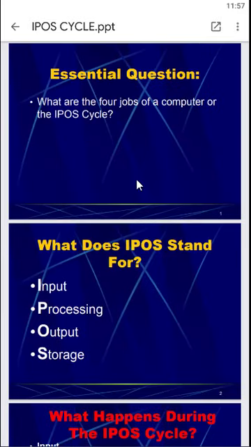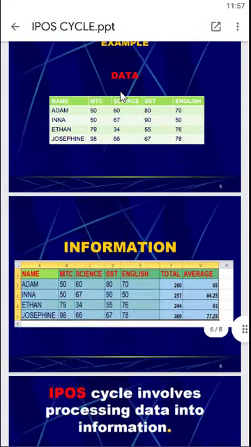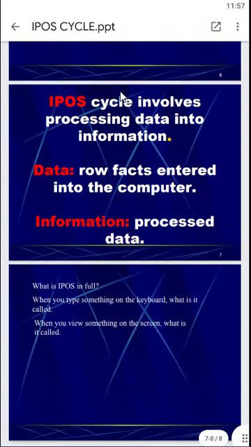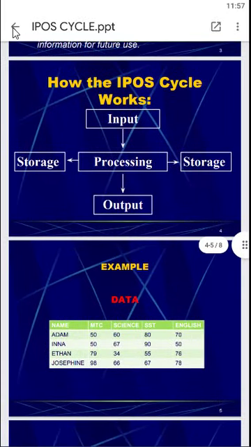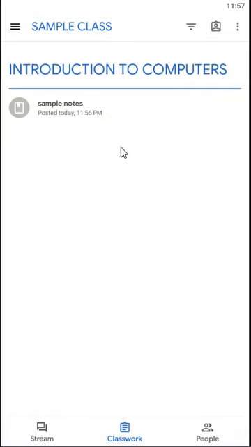So as you can see, my notes is now open. All I need to do is maybe get my notebook and write these notes down. Yes, of course these notes will be sent after the teacher has taught the specific class.